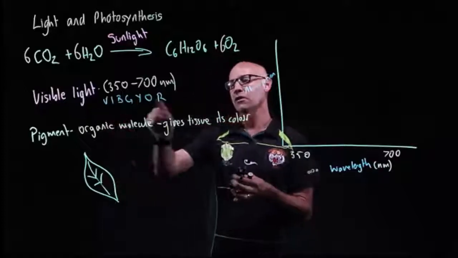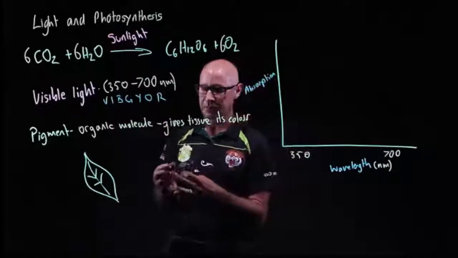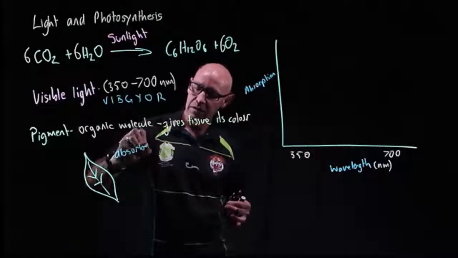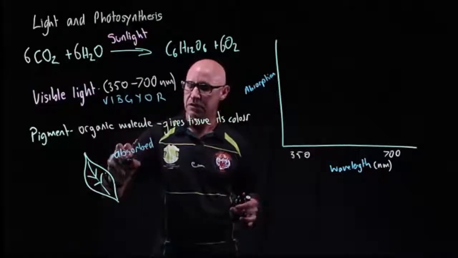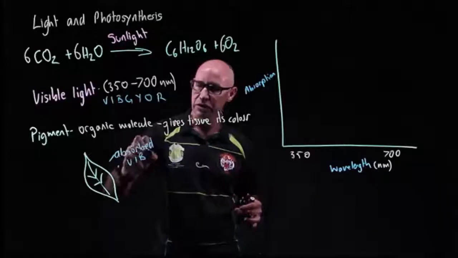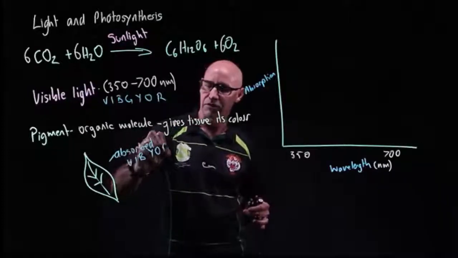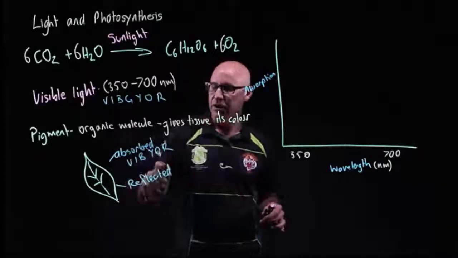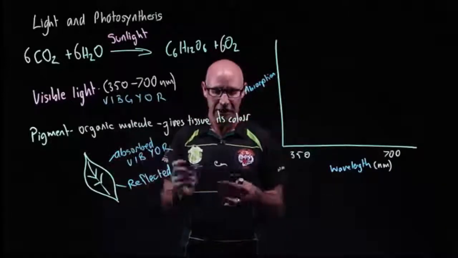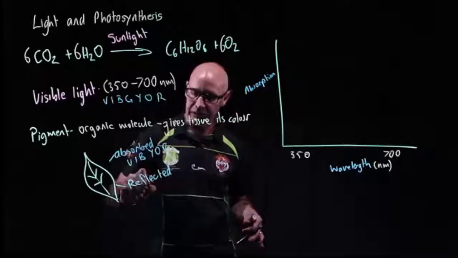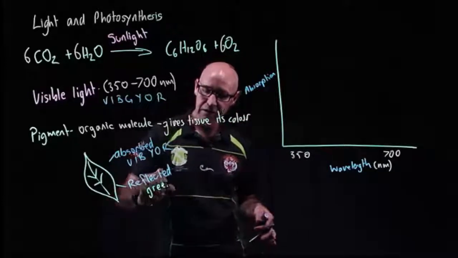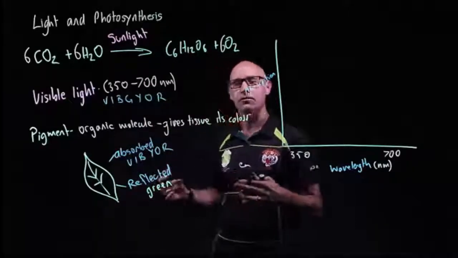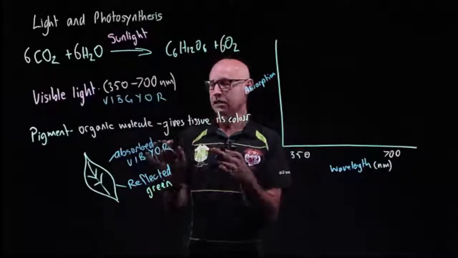So of our visible light colours, the ones that get absorbed are violet, indigo, blue, yellow, orange and red, and probably less so of the yellow. The reason a leaf looks green is because it reflects green. A leaf looks yellow because it reflects yellow.